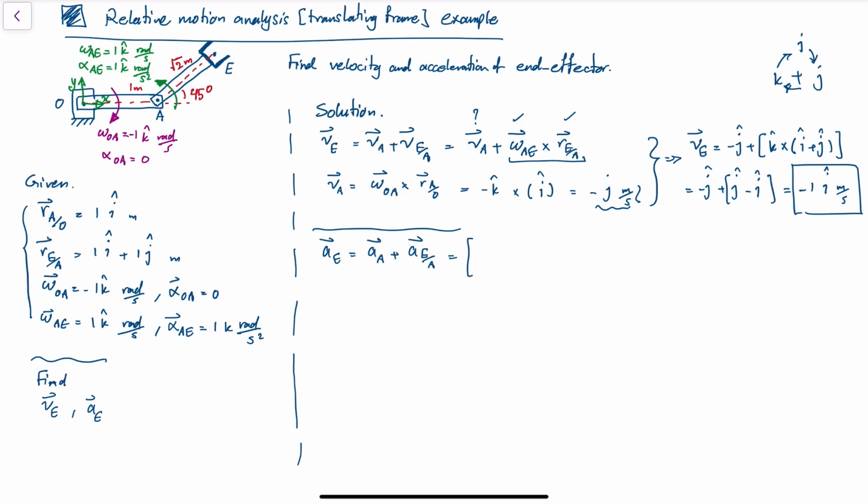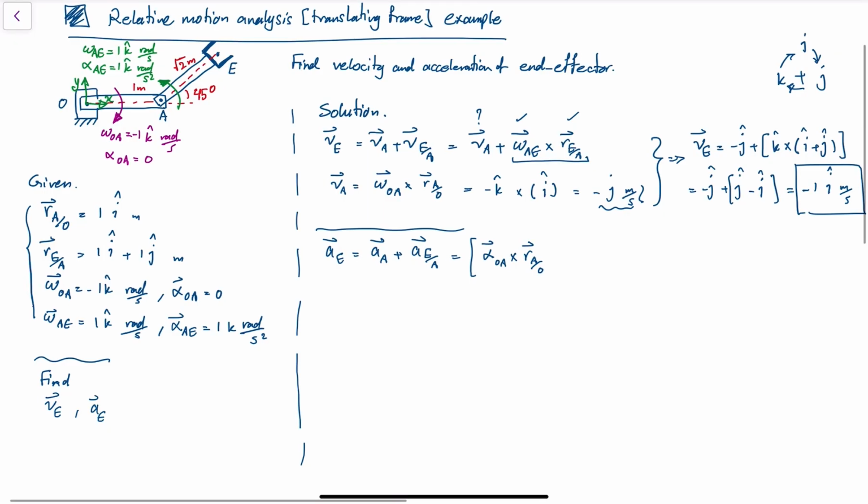So acceleration of A is an acceleration of a pure rotation of A about fixed point O. So it becomes alpha OA cross R of A relative to O. And I know alpha is 0, so that's good. Minus omega OA squared R of A relative to O. That is the first part.